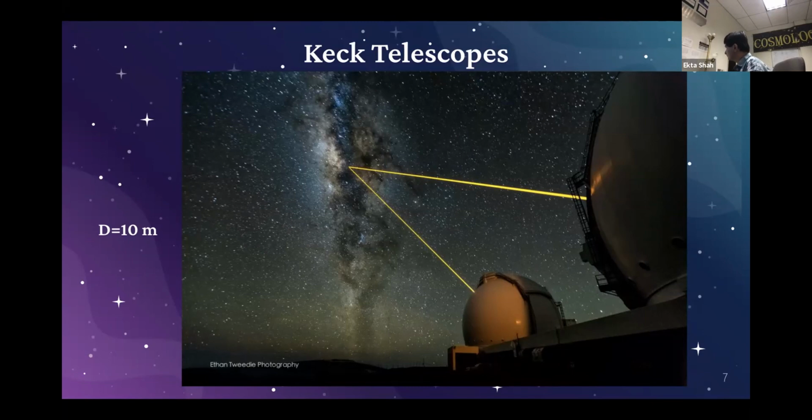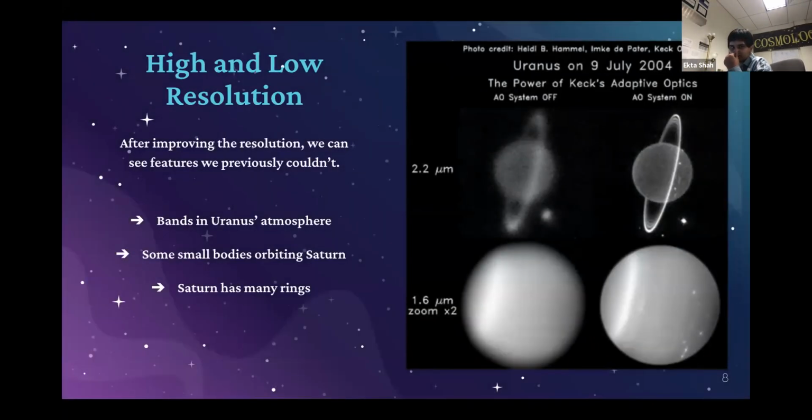And that is why we can get a lot better resolution using adaptive optics. I'm probably not explaining this 100% accurately, so please jump in. And so this is one of the example pictures.